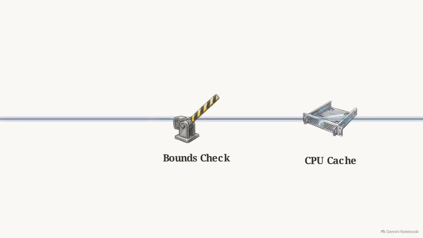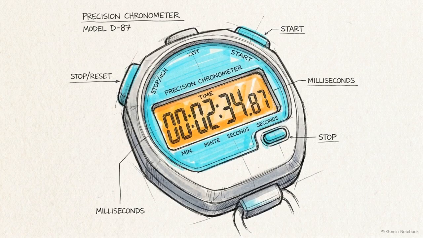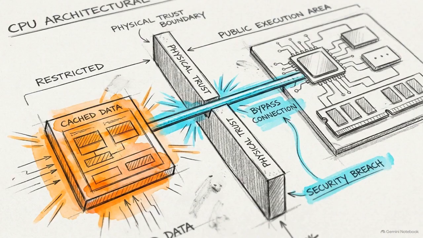If an attacker tricks the processor into guessing the wrong path at a security boundary, the CPU temporarily executes unauthorized instructions. Once it realizes the mistake, it rolls back the logic, but leaves the unauthorized data sitting in the high-speed CPU cache. Attackers can then time how long it takes to access specific memory blocks. If the access is extremely fast, they know the data was cached, allowing them to leap across trust boundaries.